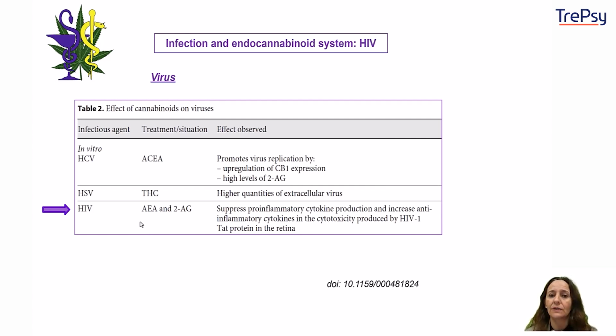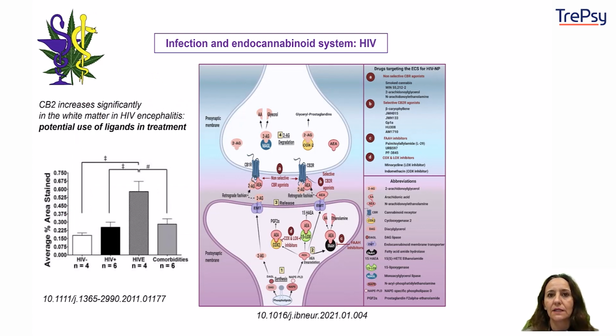So we have to be careful with the antiviral response controlled by the cannabinoids, because we want a response, but we have to control it. So this is just a new target point that can be observed in different infections.